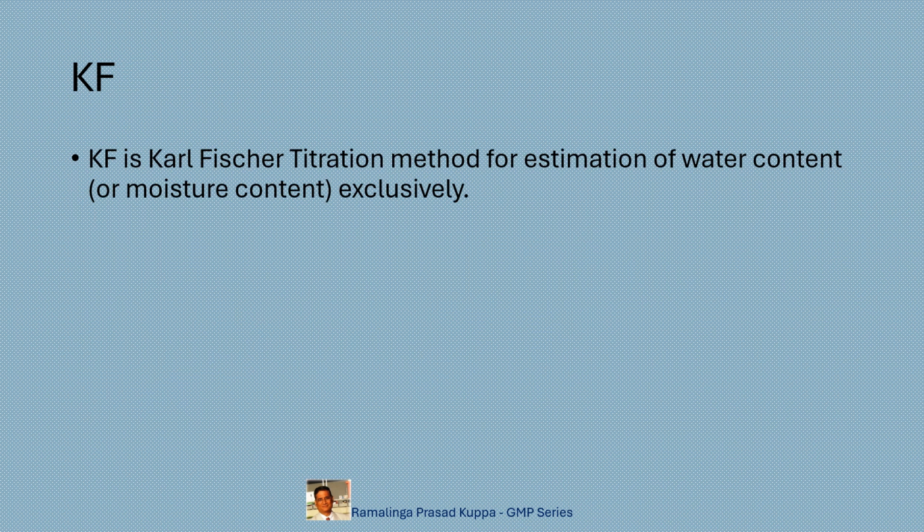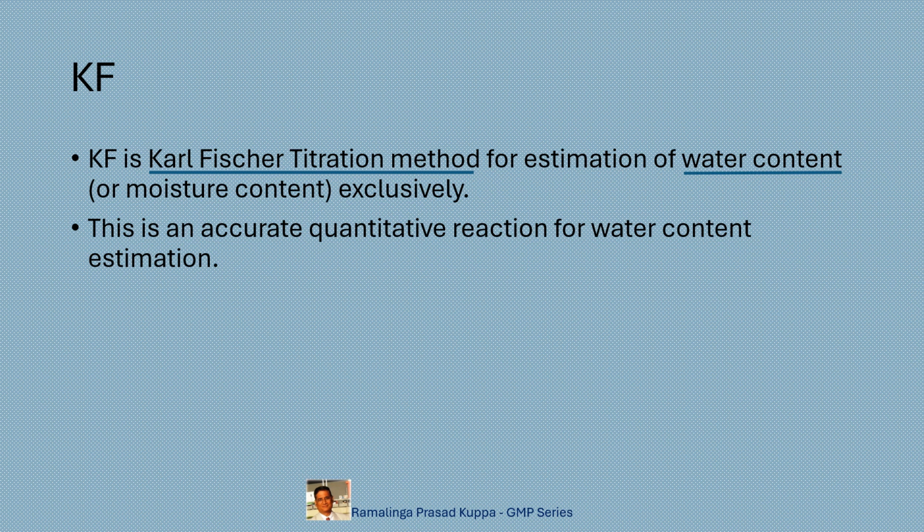KF. KF is the Karl Fischer titration method for estimation of water content or moisture content exclusively. This is specifically designed for water content determination. This is a quantitative reaction between iodine and water in the presence of sulfur dioxide. This is an accurate quantitative reaction for water content estimation.